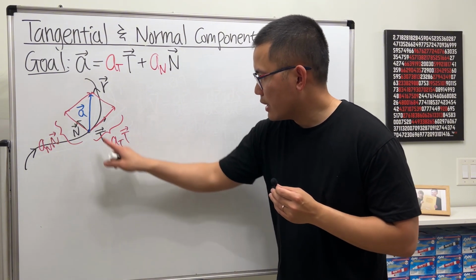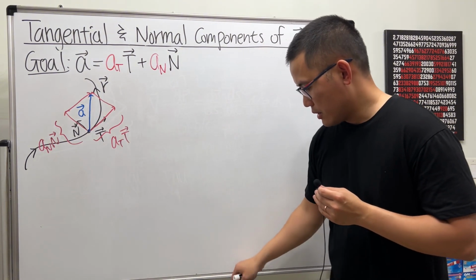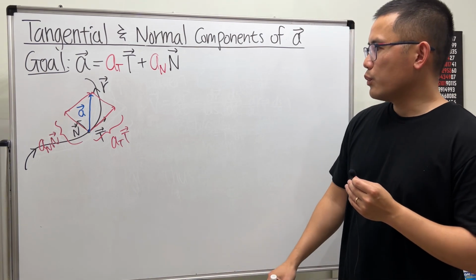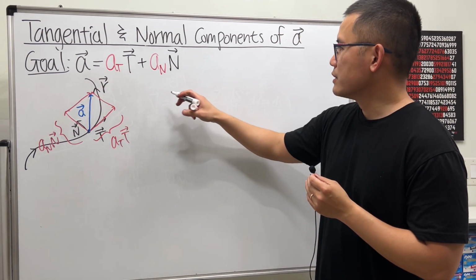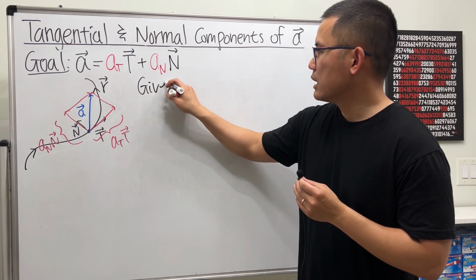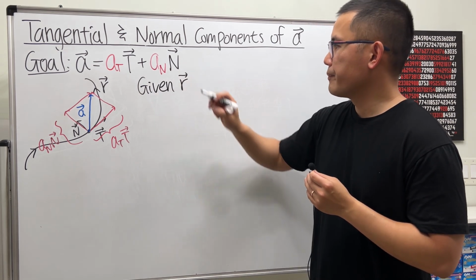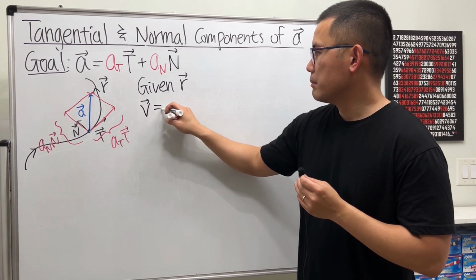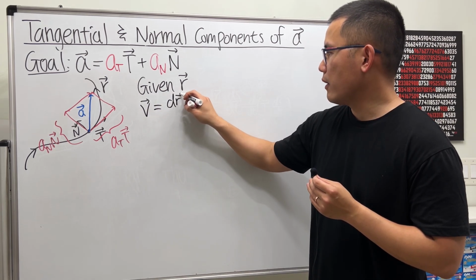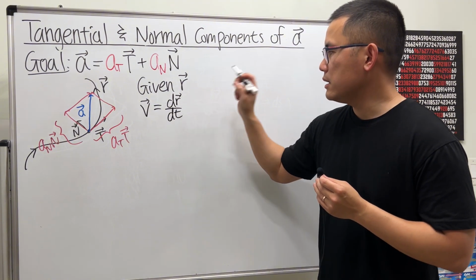So now let's go ahead and just do some math to figure this out. We are going to first start with a curve, of course. So I will just say, here's the curve given by r. What we need first is the velocity. By definition, this is the derivative of r with respect to t.